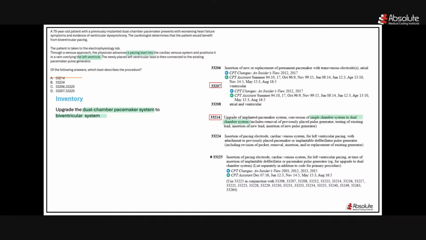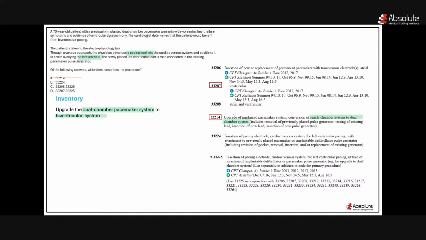We are looking at option C and option D. Both are coding for 33207 and 33208 respectively. 33207 is for insertion of a new or replacement of a permanent pacemaker with transvenous electrode. That language is very important. It means an entire system insertion or replacement, right?